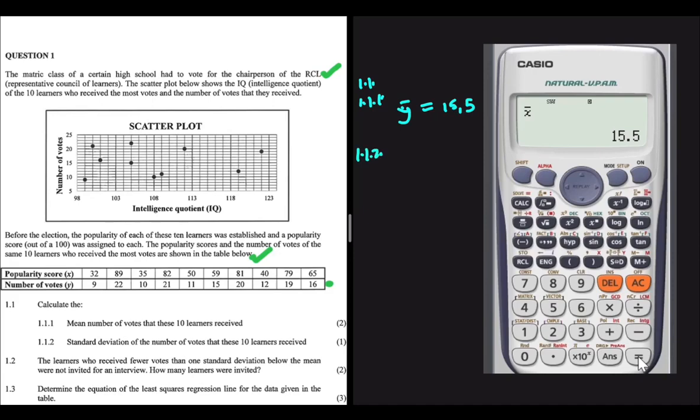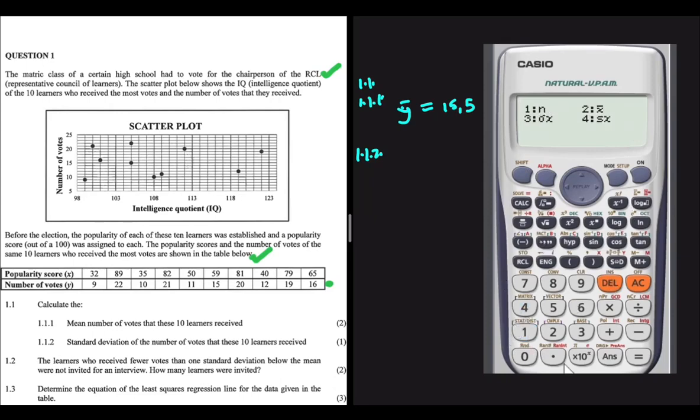1.1.2, we're looking for the standard deviation of the number of votes that these learners received. So let's go ahead and find the standard deviation. We're going to press AC. Shift, we've already entered our data. We don't have to tamper with it or enter it again. So shift 1, and then we're going to choose option 4.